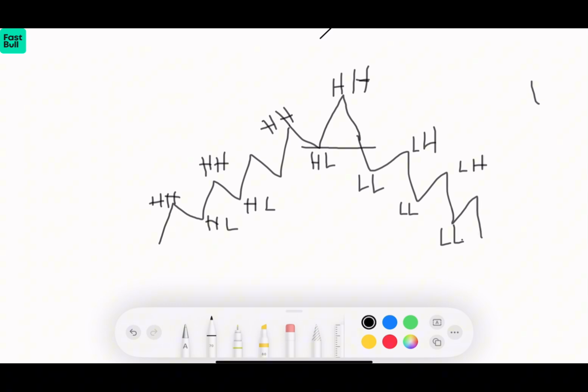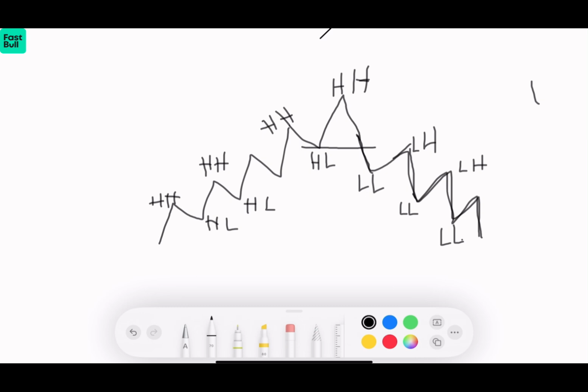So that has simply formed a change of character, because there is a break of structure right here. So what market does is push up for a correction move, forming a lower high, and then continue for an impulsive move, forming a lower low and continue moving to the downside. So this is market structure.